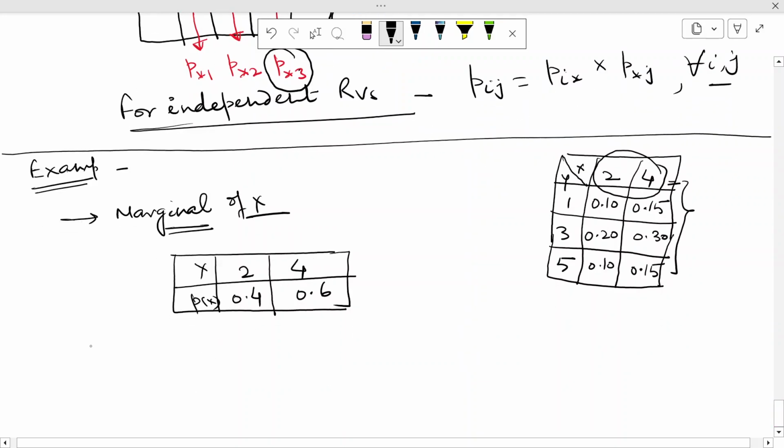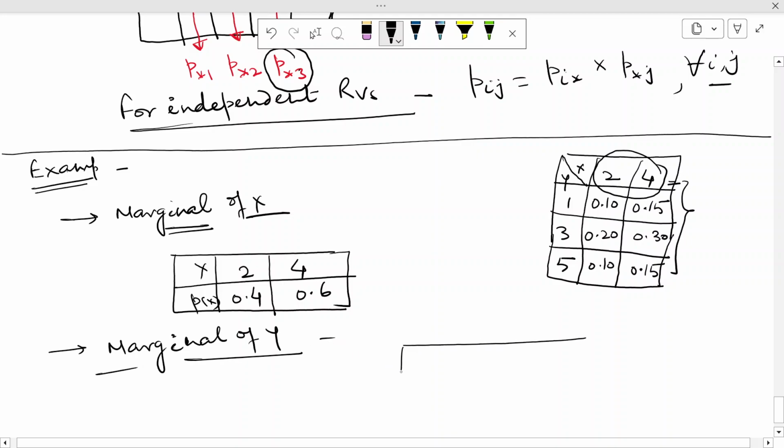And same we will next obtain the marginal of y. So this marginal simply contains the values of y, and in the second row we are having their corresponding probability.